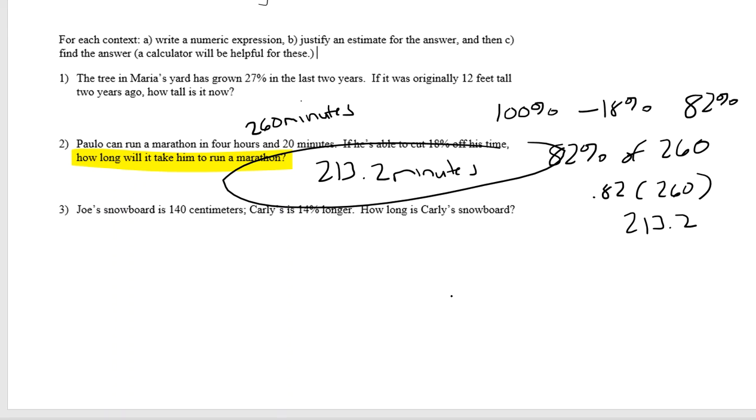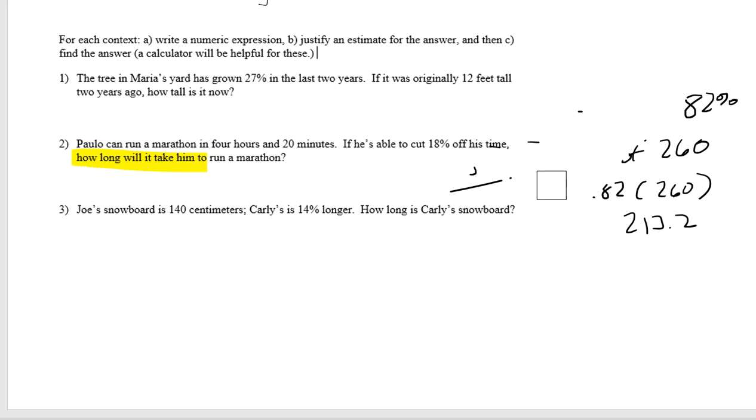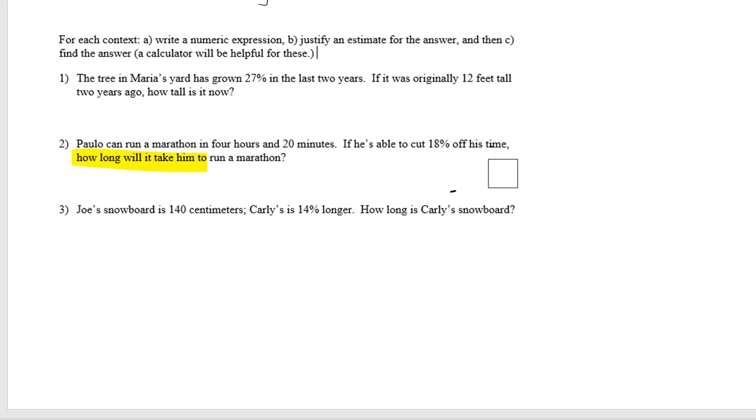Okay, so let's do the last one. Joe's snowboard is 140 centimeters. Carly's is 14% longer. How long is Carly's snowboard? Okay, so Carly's is longer than Joe's. And Joe's snowboard is 140 centimeters. Carly's is 14% longer than that.